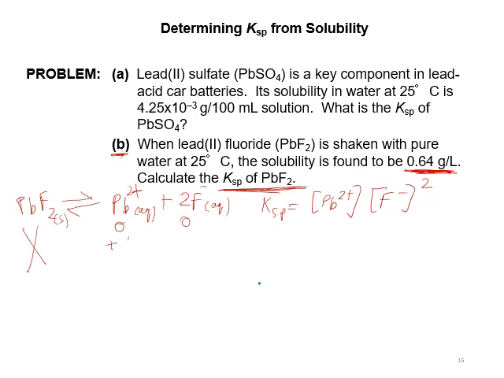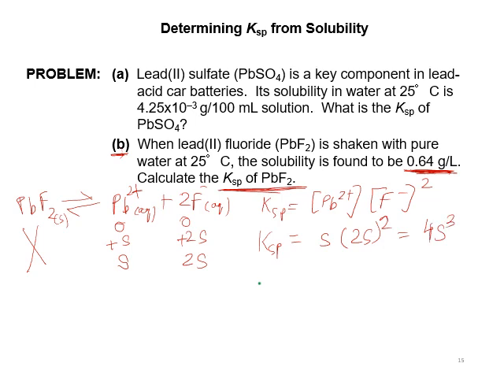Change is going to be plus S for lead, plus 2S for fluoride. At equilibrium, I'll end up with S of this and 2S of this, right? 0 plus 2S. So my Ksp is going to be S for lead times 2S squared. Do not forget any of the 2's here, neither the exponent nor this 2. Otherwise, you'll not get the correct answer. So Ksp is going to be 4S cubed.